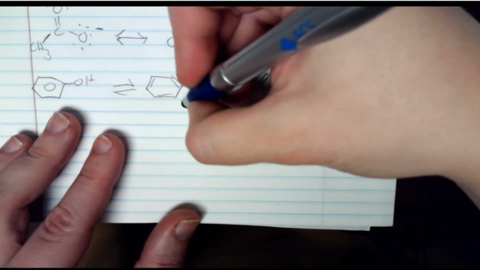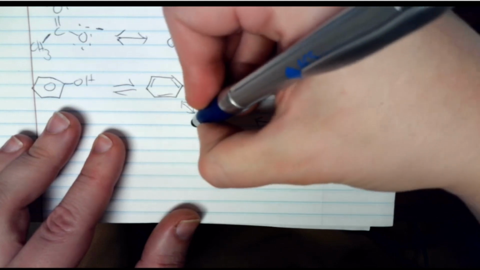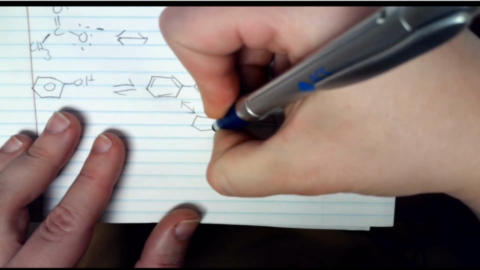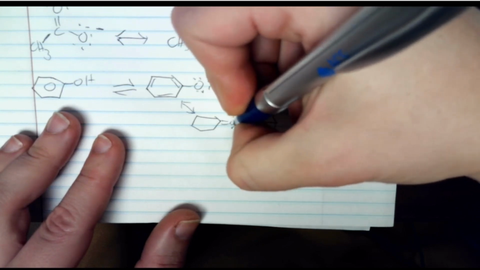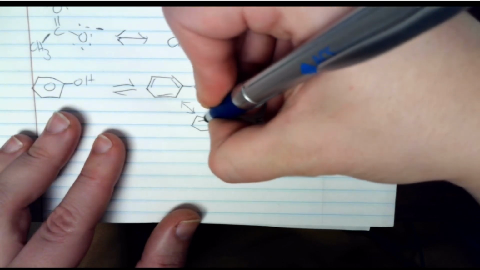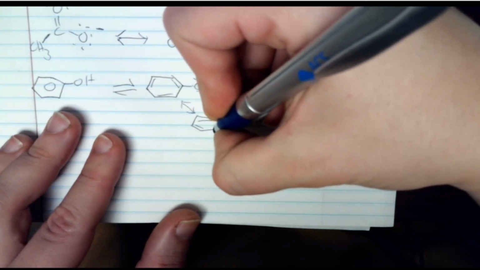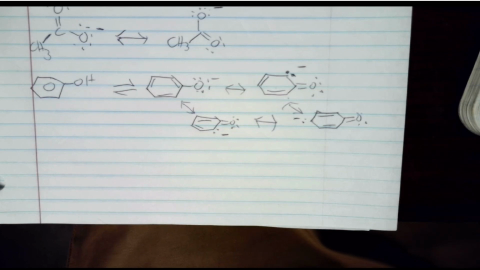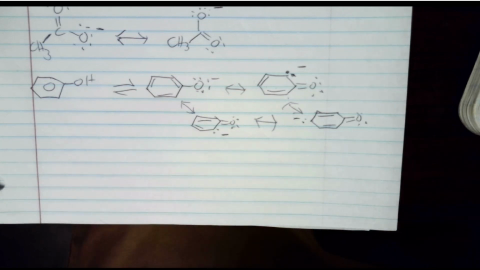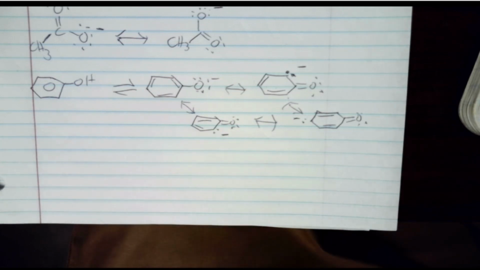Oh, fine, I'll draw it, just for the sake of completeness. So that guy ends up being stabilized. It is more stable than ethoxide, but actually less stable than acetate, as the charge is delocalized on carbon rather than delocalized on oxygen.